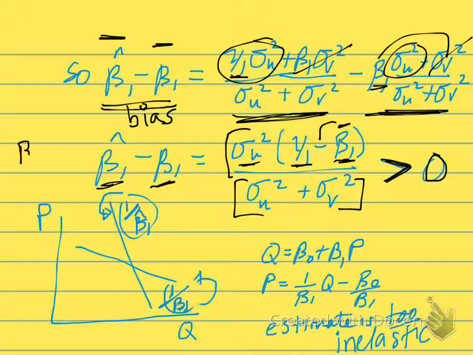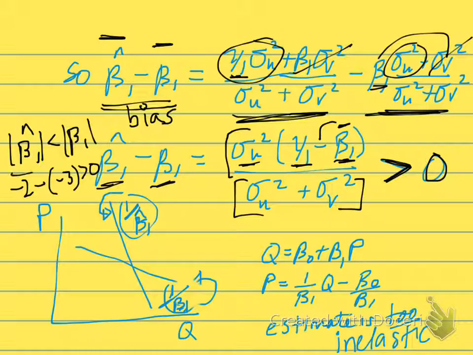So beta 1 could be minus 2, and beta 1 hat could be minus 3, so minus 2 minus minus 3 would be a positive number, right? Because we'd have 3 minus 2 is equal to 1 there.